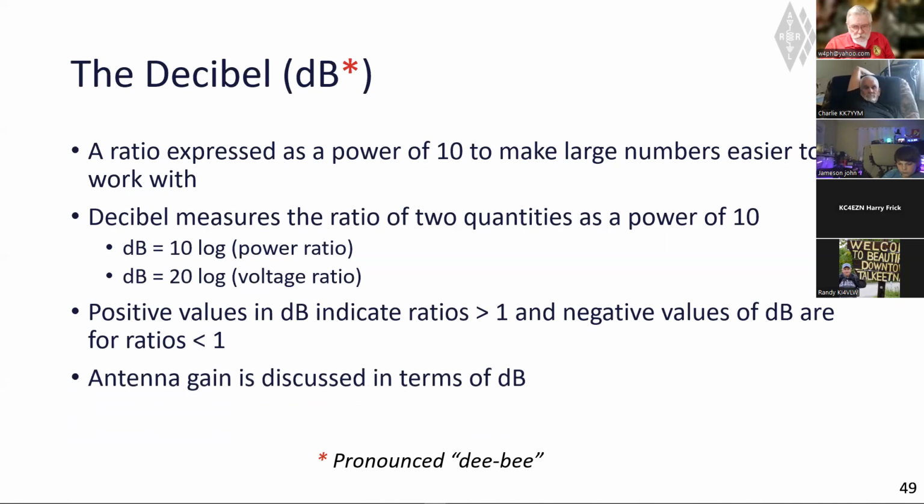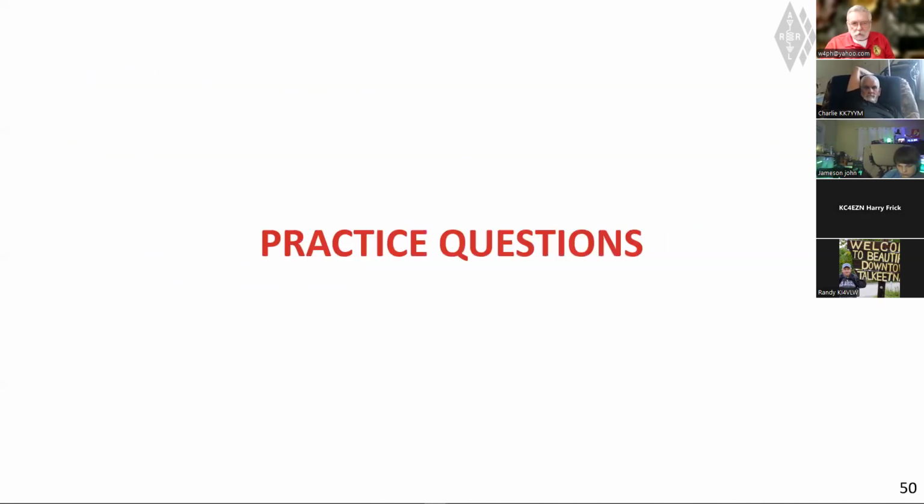Antenna gain is discussed in terms of dB. Let me expand just a little bit there. If you have an amplifier on your transmitter, it is also expressed in terms of dB, the power in to the power out.